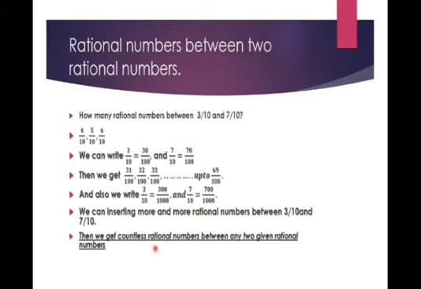Then we get countless rational numbers between any two given rational numbers. Once more, the denominators are the same. Convert 3/10 and 7/10 into larger numbers, then we get more rational numbers between these two rational numbers. Is that clear?